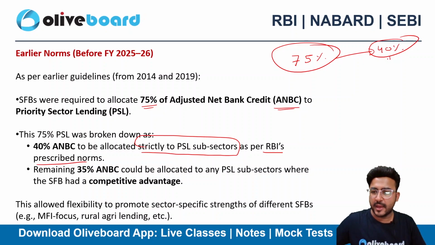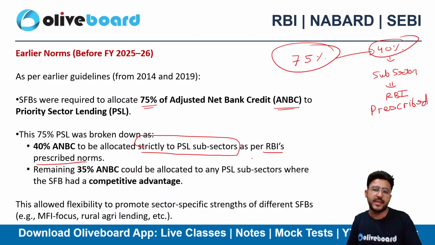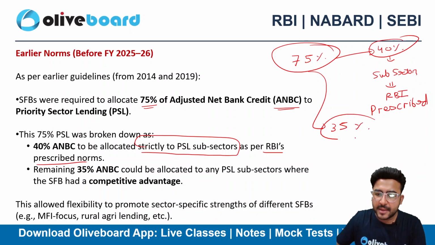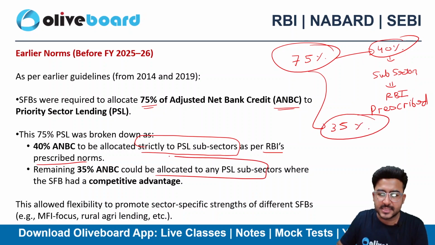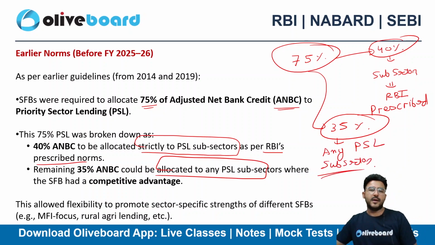So they need to be allocated to the subsectors as prescribed by RBI, because those are the high priority areas. The rest of the 35% can be allocated to any PSL subsector. So that was the earlier provision.